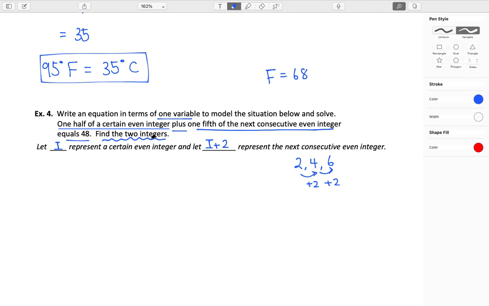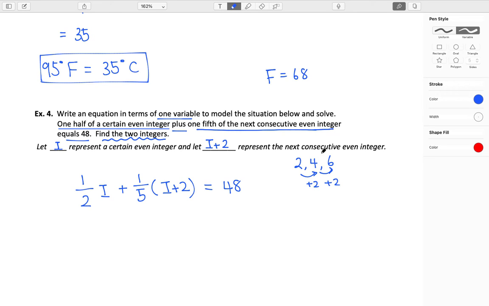So using this, let's start with 1/2 of a certain even integer. So 1/2 of an even integer plus 1/5 of the next consecutive, which is I plus 2, is equal to 48. Okay.